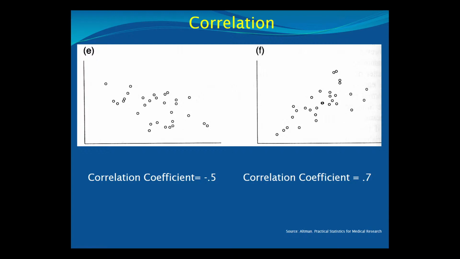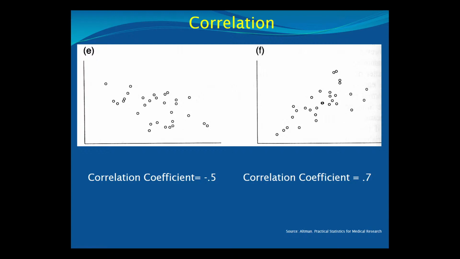For negative correlation, variables go in the opposite direction. That means if one variable increases, it affects the second variable to decrease, or if one variable decreases, it affects the second one to increase.